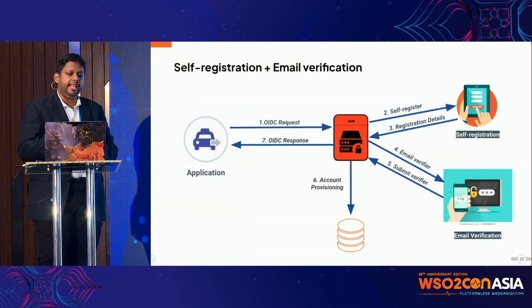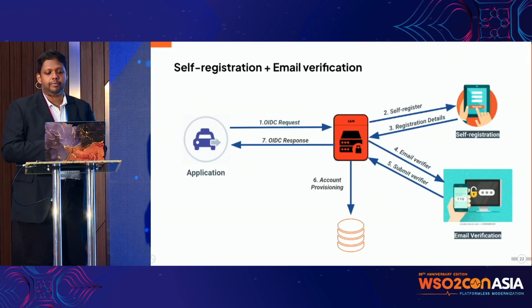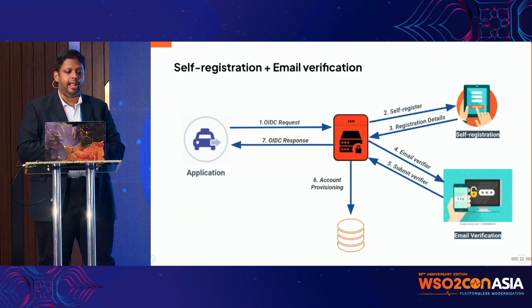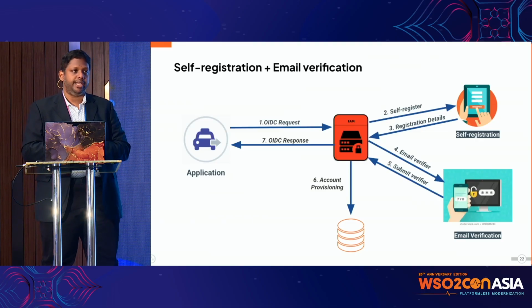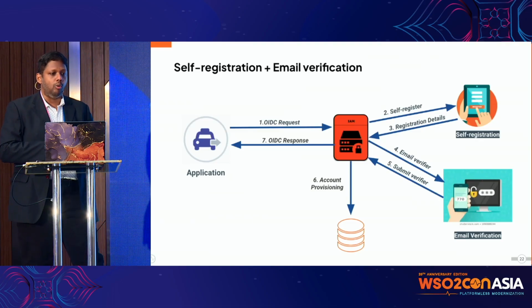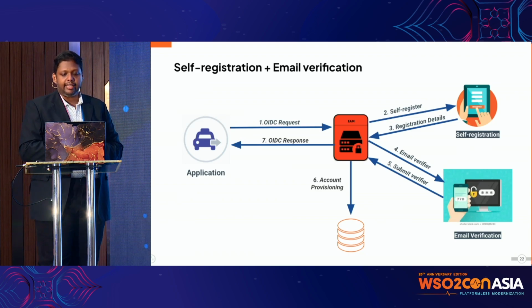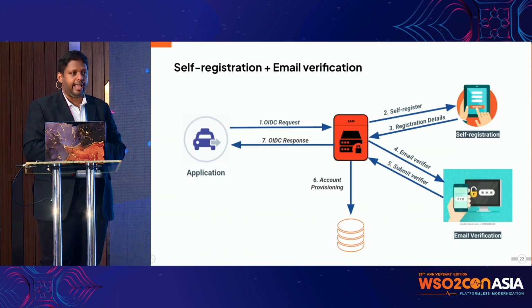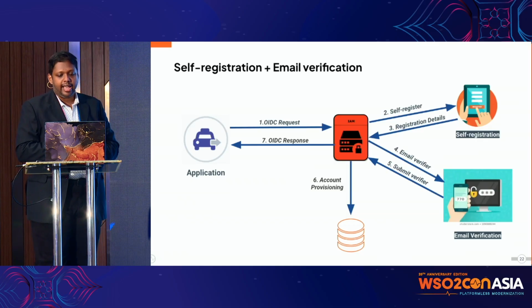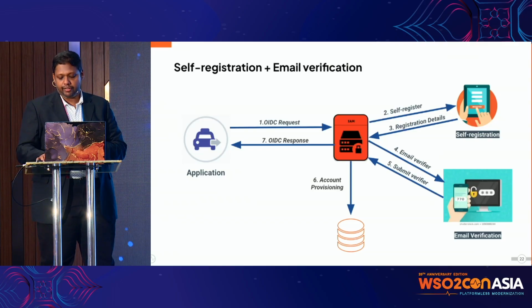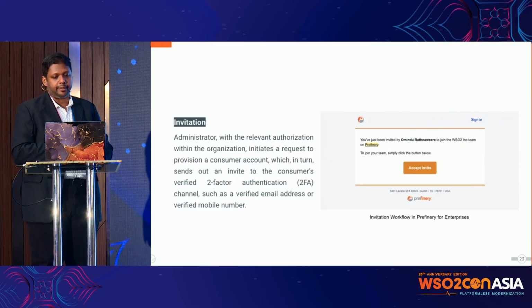In addition to self-registration, some websites can ask for email verification, right? You self-sign up with an email, but you're not immediately activated. You need to do an OTP, a verification of your email address, and then you get access to the service, right? And as part of this, you get provisioned to the user store as well, right? So that's self-registration and email verification.